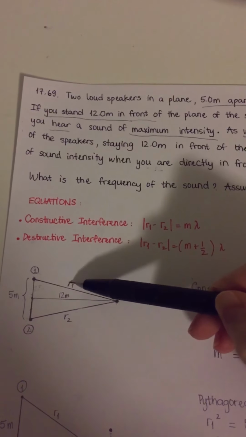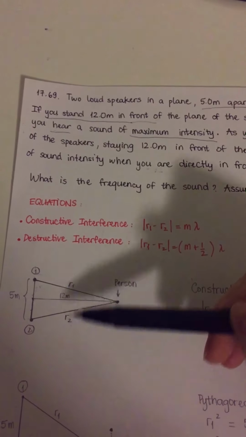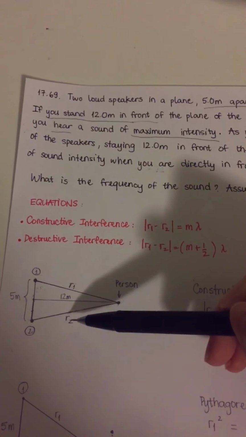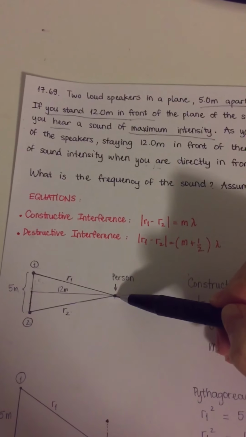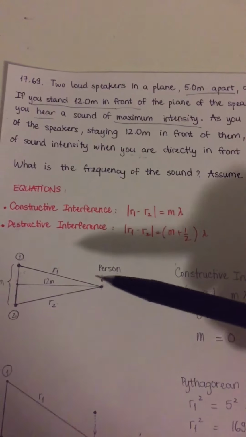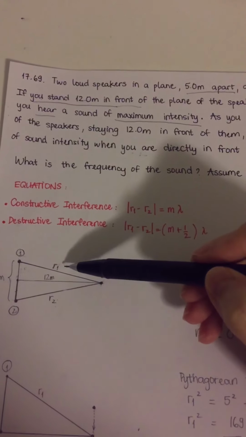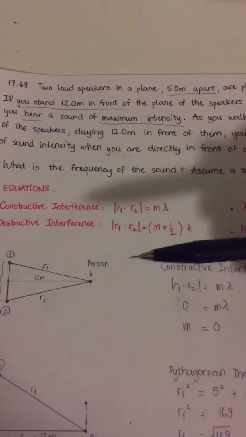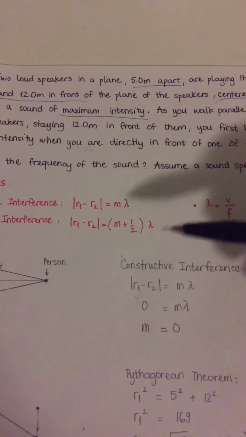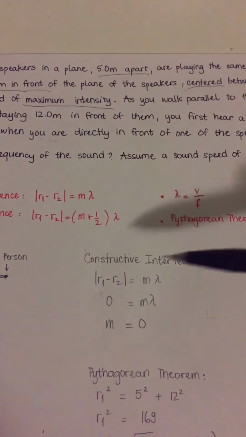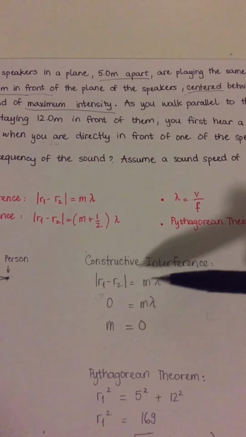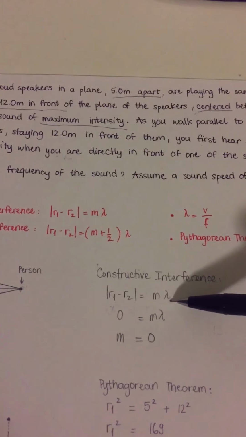From this picture, we can already tell that R1 equals R2 because we are standing in the center. So we don't have to worry about what R1 and R2 actually are. We have constructive interference, R1 minus R2 equals m times wavelength.